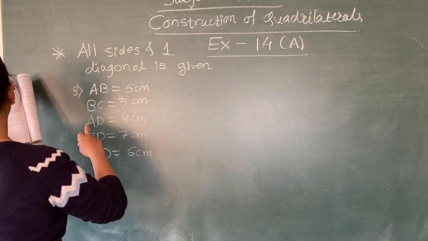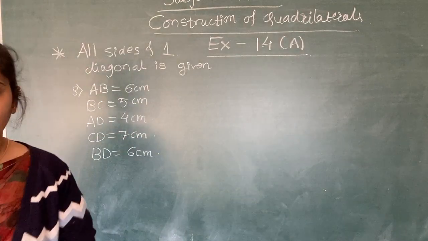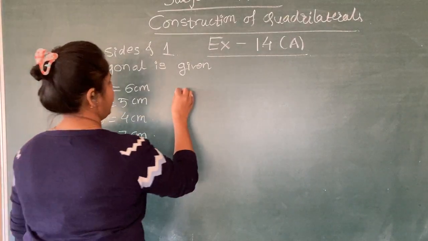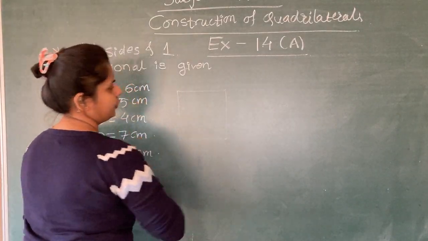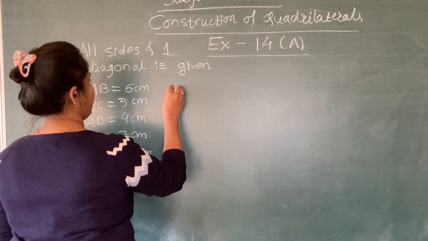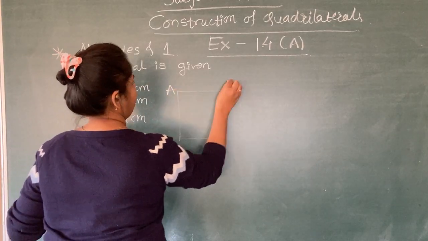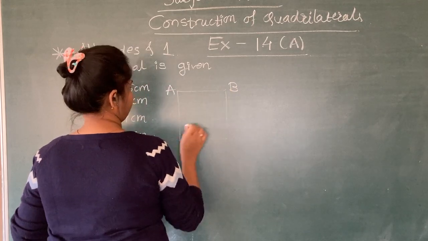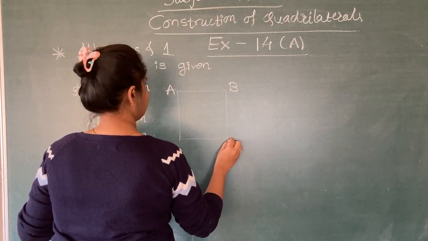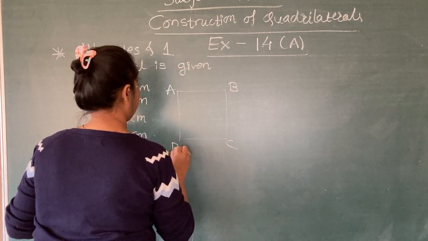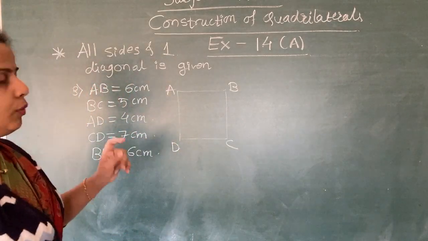Okay, and you have to draw a quadrilateral. Again, a random quadrilateral, a rough sketch where I can draw A, B, C and D. Now what is given?